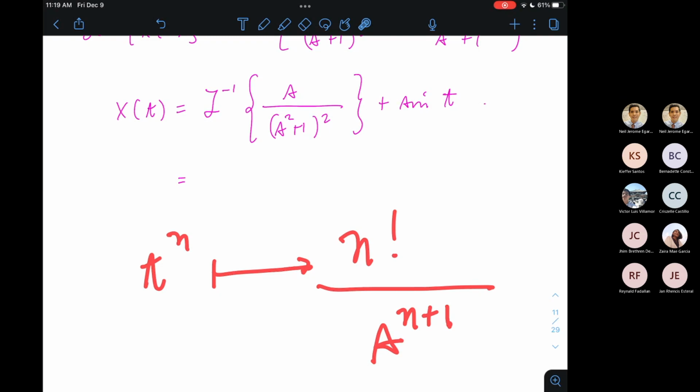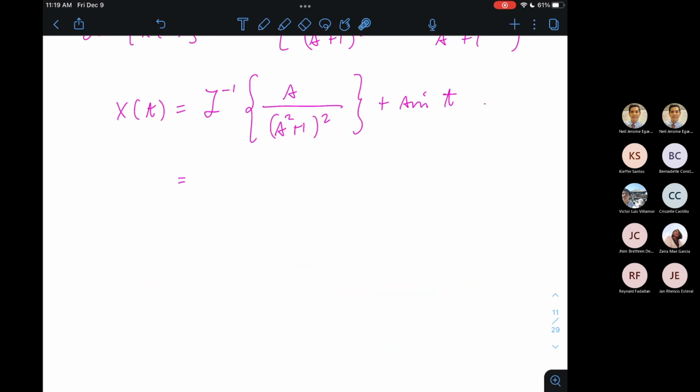Kaya lang, meron kasi itong panggulo. Hindi ko ma-shift kasi meron akong S squared plus 1. Fail yung example ko.